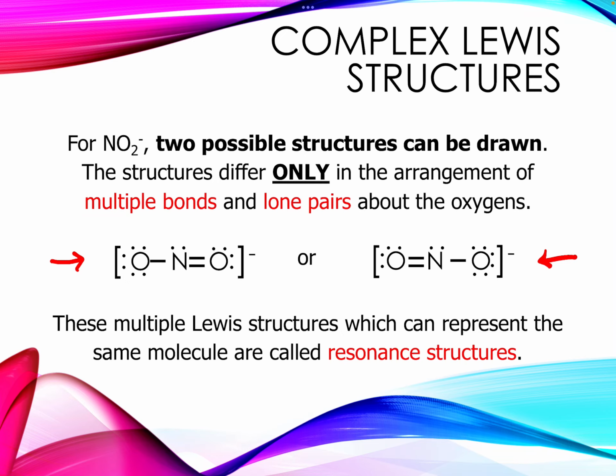So which one is right? The truth is, they're both right, and kind of neither, but we'll get into that in later courses. But for now, there are two different Lewis structures that can represent this molecule. When we have more than one Lewis structure that can represent a molecule, we call these resonance structures. More than one correct Lewis structure that can be given for a molecule is called a resonance structure.